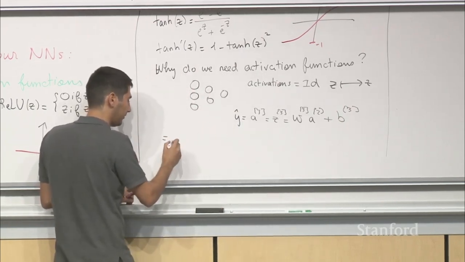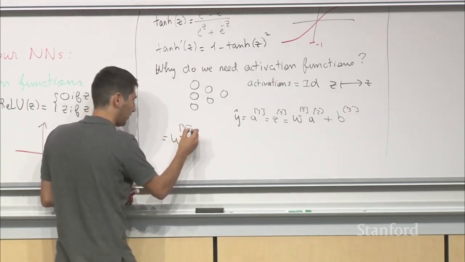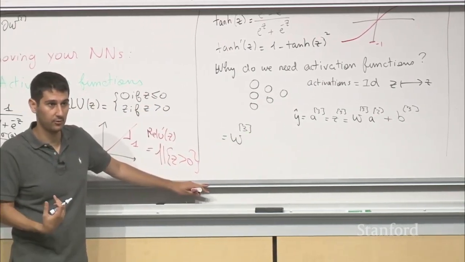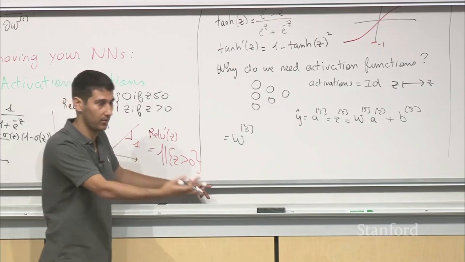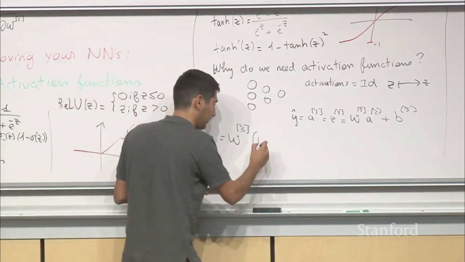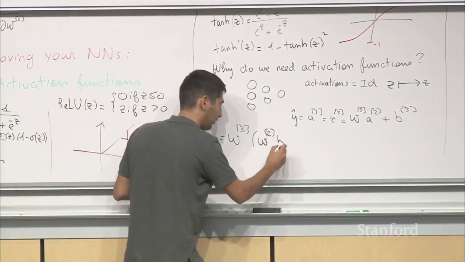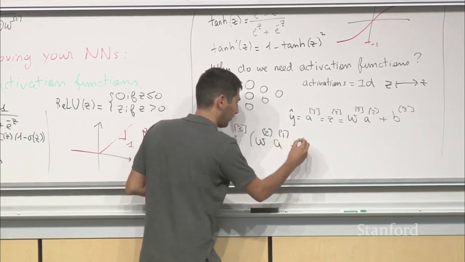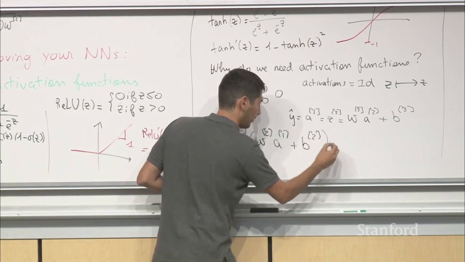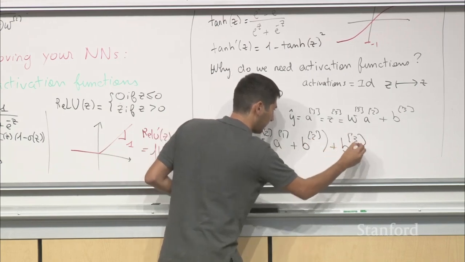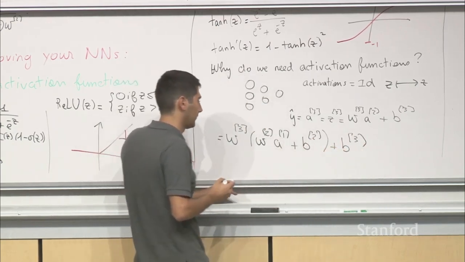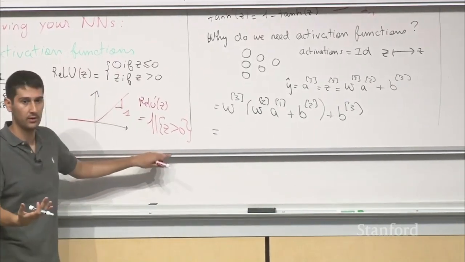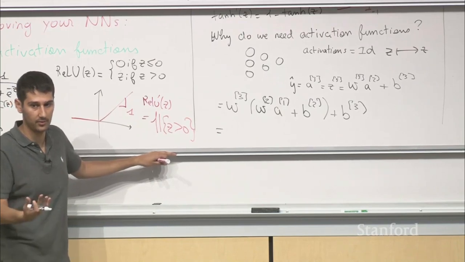I know that A2 is equal to Z2 because there is no activation, and Z2 is equal to W2 A1 plus B2. So I can substitute here W2 A1 plus B2 plus B3. I can continue. I know that A1 is equal to Z1, and I know that Z1 is W1 X plus B1.